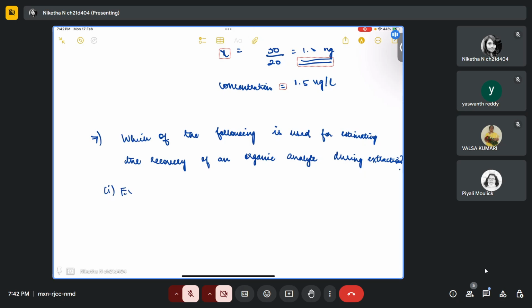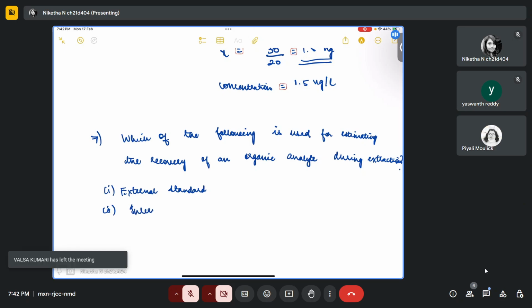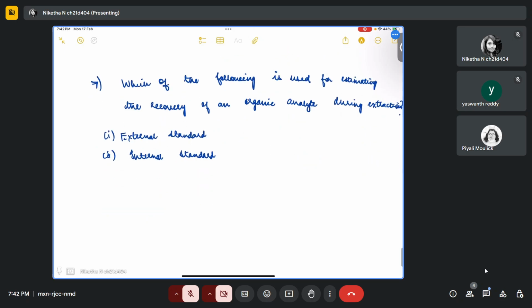Options are external standard, internal standard, surrogate standard, and gold standard. So, which is the correct answer?